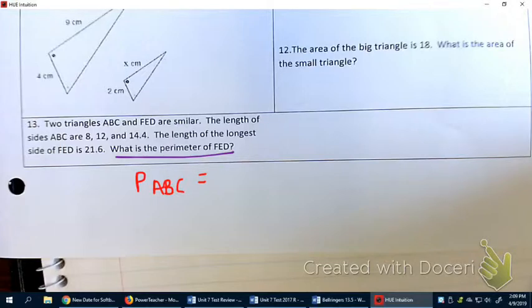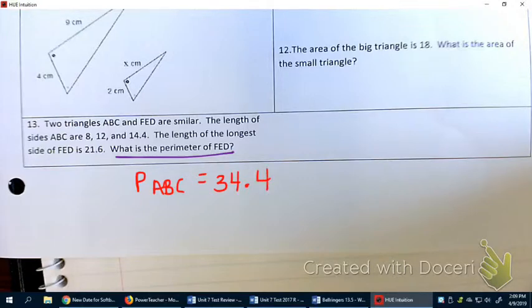So what is the perimeter of ABC? How am I going to find it? Add them up. So 8 plus 12 plus 14.4. What do you get? 34.4. Okay.